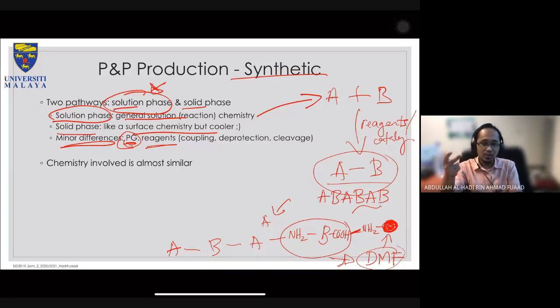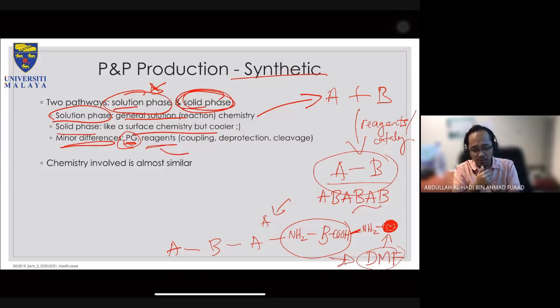Okay, the current reagent, so the technology that was first developed, of course, is the solution phase, but then the technology that progresses a lot is actually the solid phase. Okay, so the technology in terms of synthesizing peptides and proteins is advancing rapidly in an organic solvent, so a more pure chemistry type of reaction.